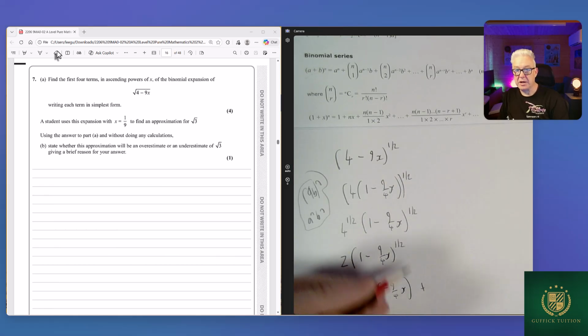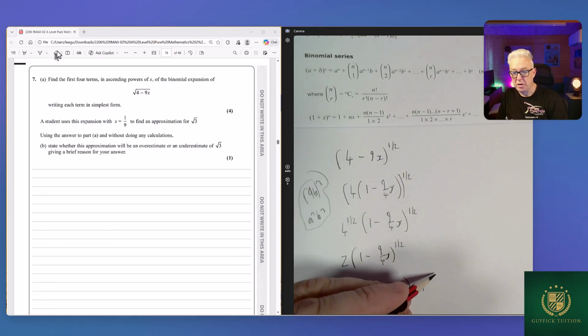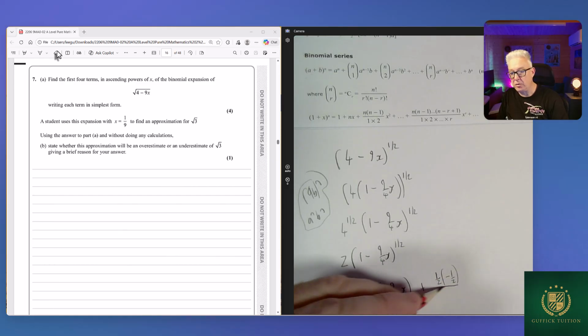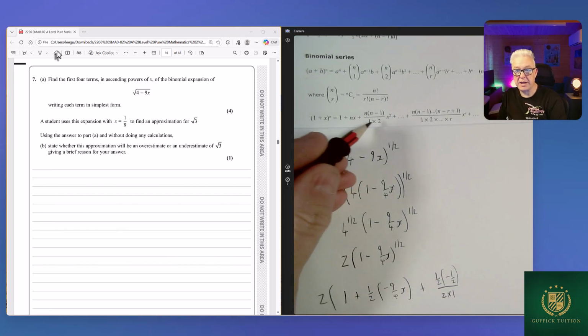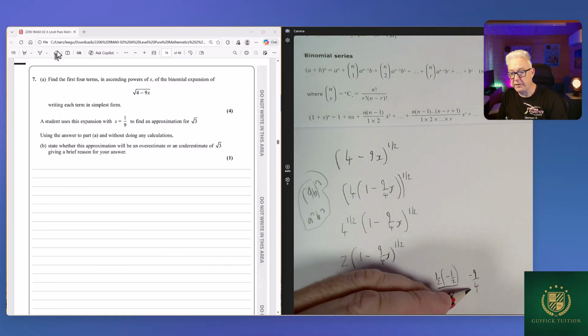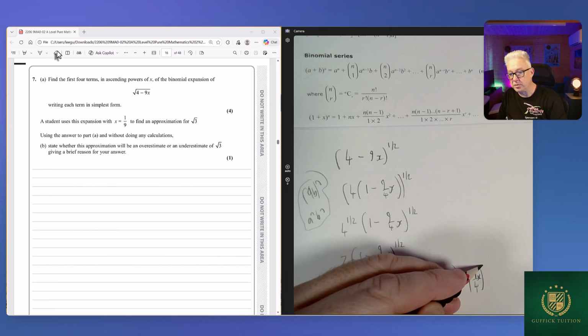Now, the next term is going to be n times n minus 1, which is going to be a half times minus a half, all over 2 times 1, so that's that bit done, times x squared, which is going to be minus 9 over 4x all squared.